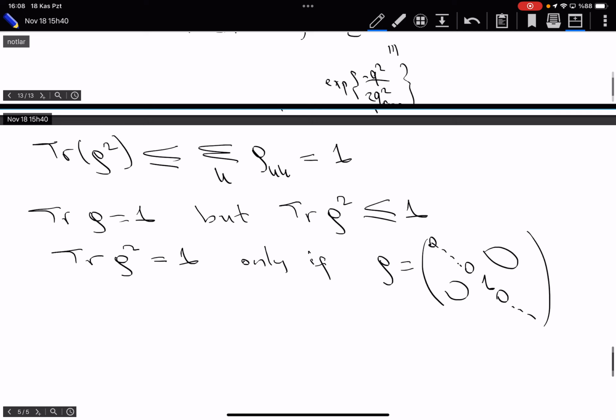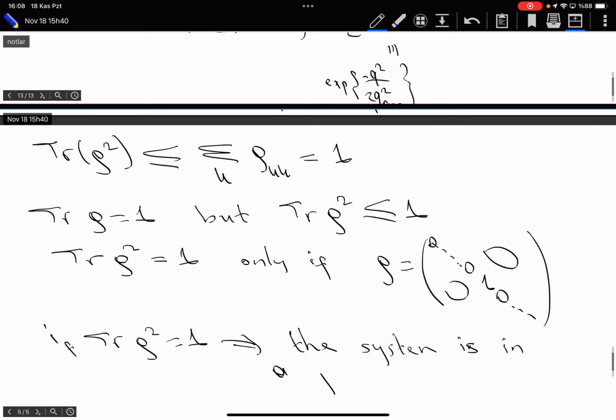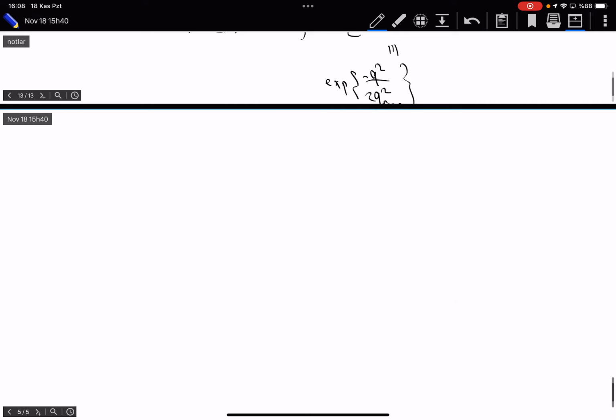But this means that if the trace of rho squared is equal to 1, the system is in a pure state, and rho can be written as |psi><psi| for some wave function psi.